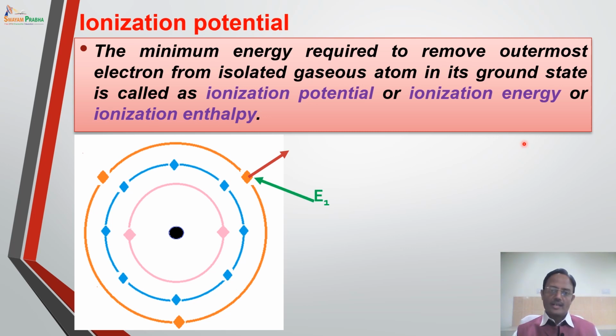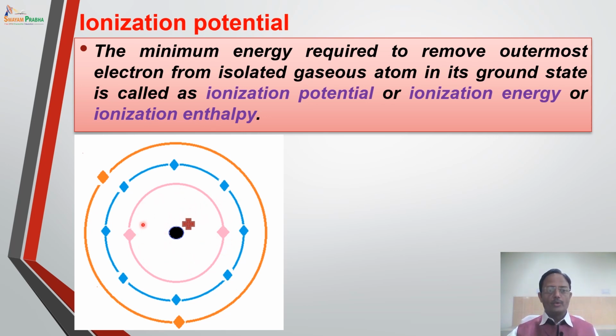If I supply an energy equal to E1 and the electron is removed, then that energy is called as first ionization potential or first ionization energy. Once the electron is gone, the atom becomes a positively charged ion, that is now cation.